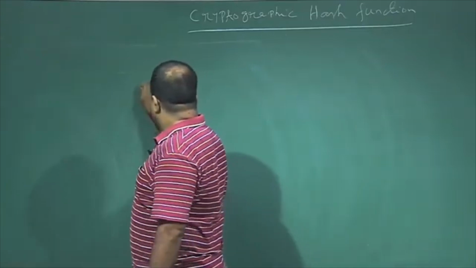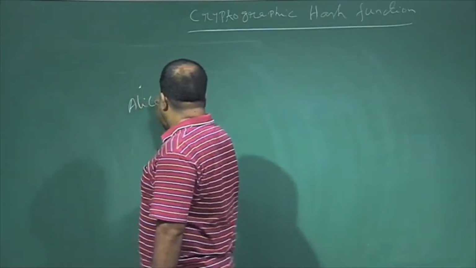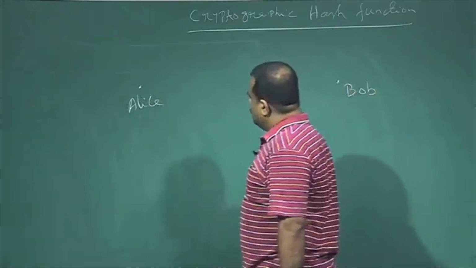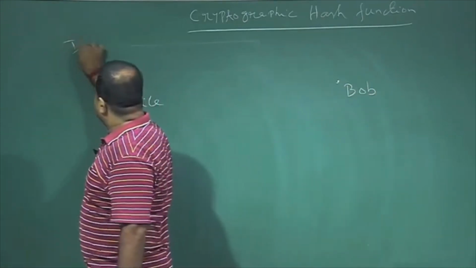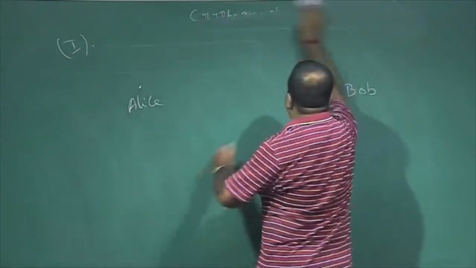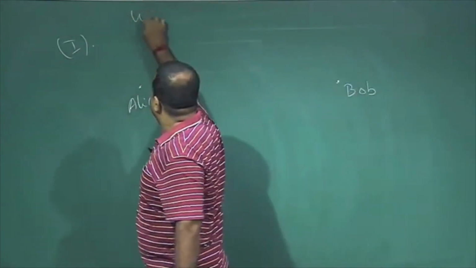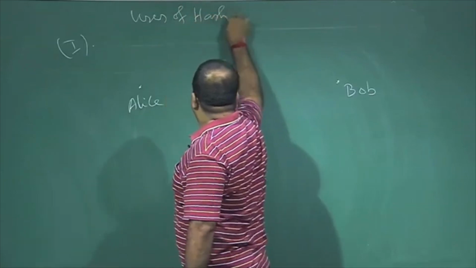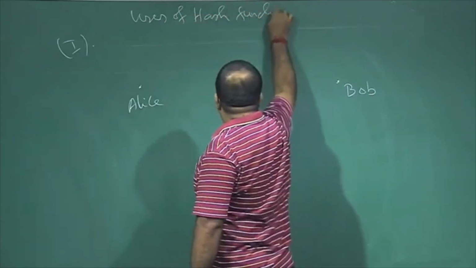So, suppose we have two parties, Alice and Bob. Okay. So, this could be, say, the first use: uses of hash function in cryptography.